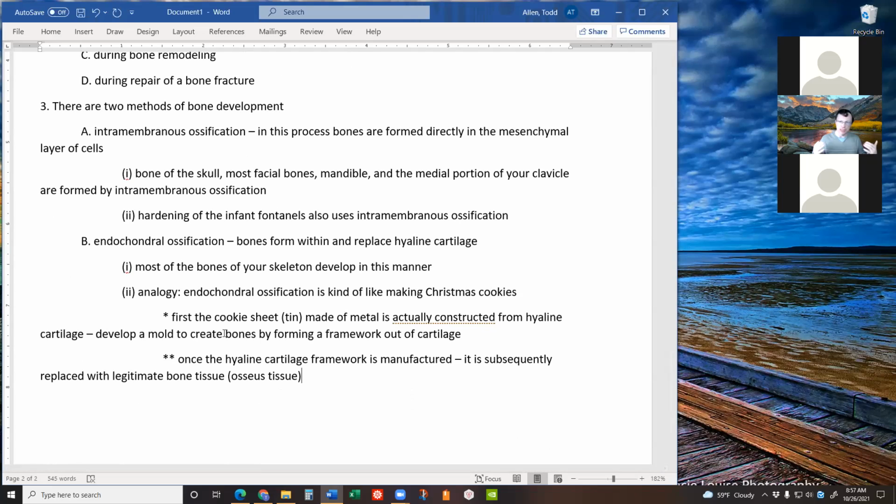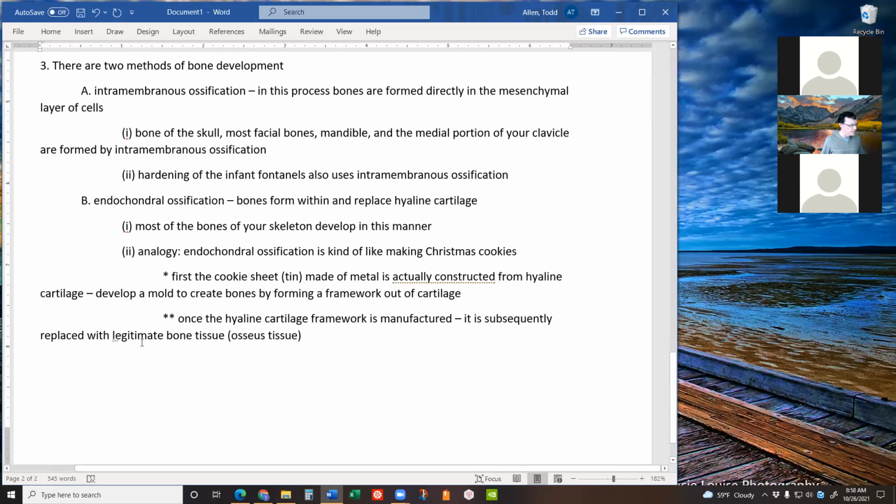If you look at figure 6.6, let me simply read the major bullet points, and I hope you have that up on your screen or open in your textbook. Figure 6.6, stage 1 says development of the cartilage model.